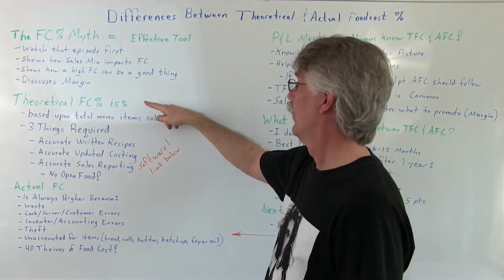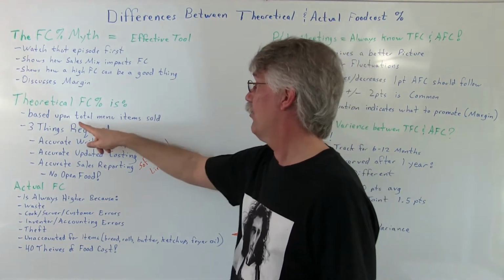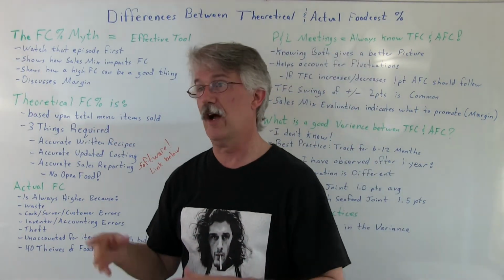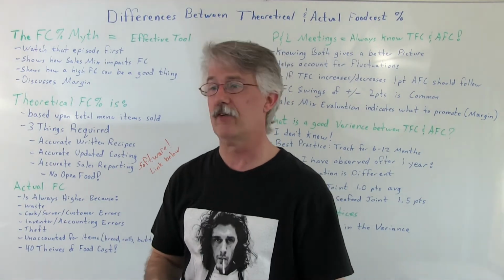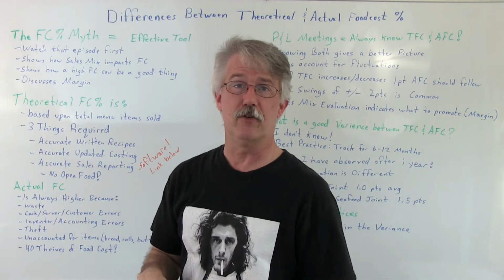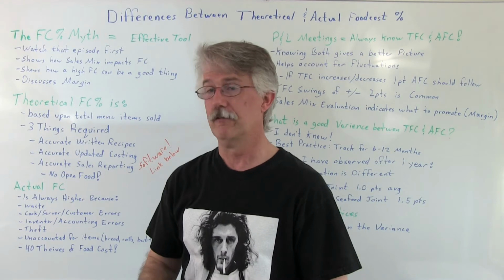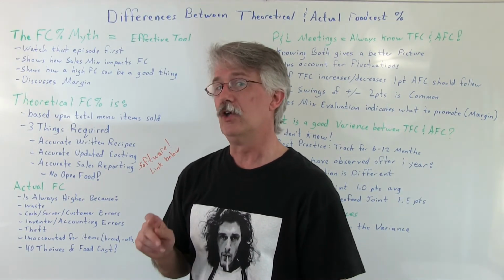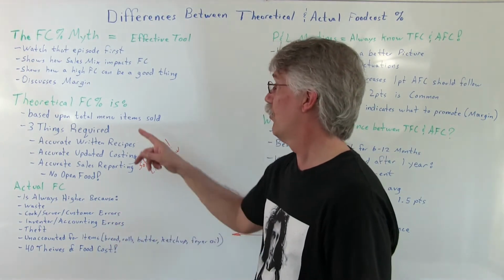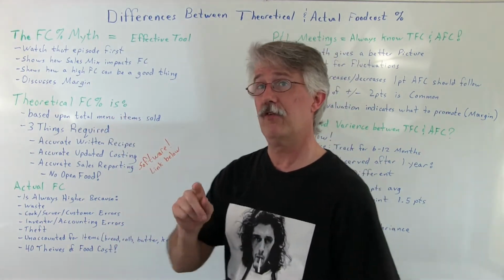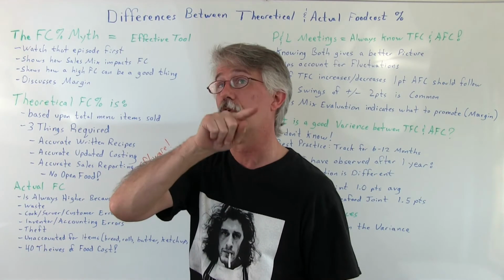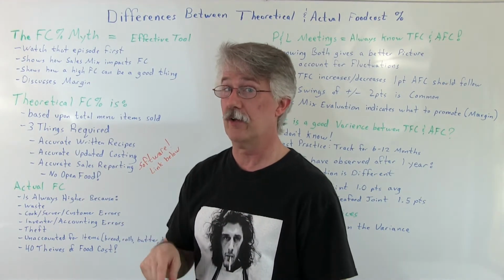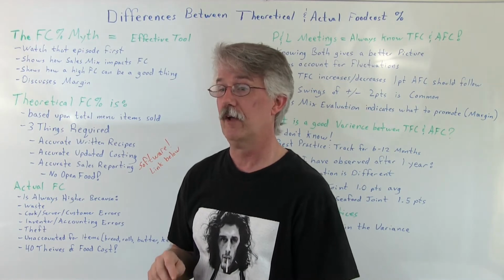Theoretical food cost percentage is based upon the total menu items sold. So in other words, if you sell, say, 300 crab cakes and 250 Caesar salads and 300 filet mignons, 175 halibut, and so on, your sales mix or your theoretical food cost is based upon the food cost percentage for each one of your menu items sold, because they will all have a different food cost.